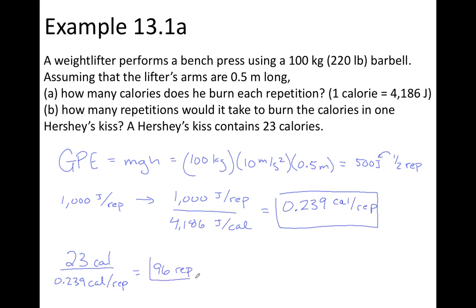So you need to bench press 220 pounds 96 times to burn off the energy content in a Hershey Kiss. The energy that is stored up in food, known as chemical potential energy, you can actually store lots of energy in those chemical bonds between the atoms in the food that we eat.